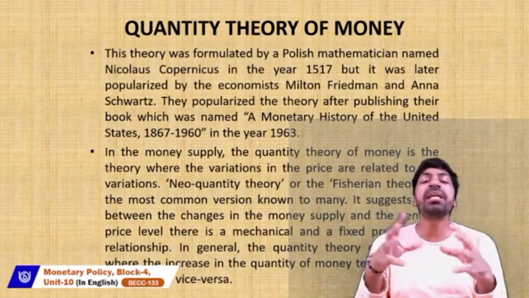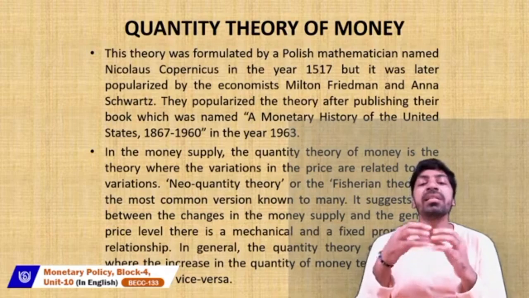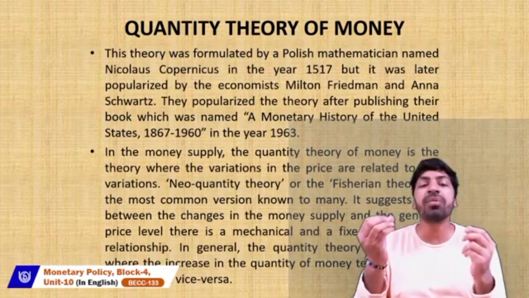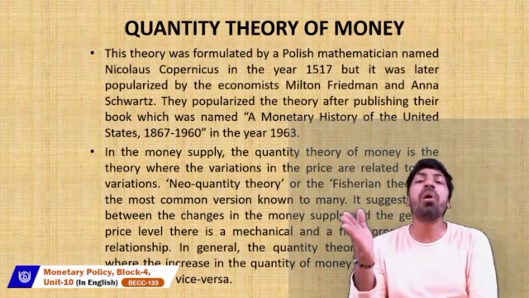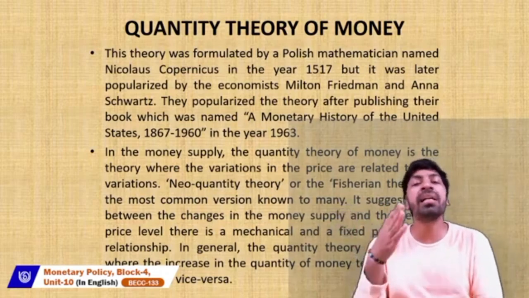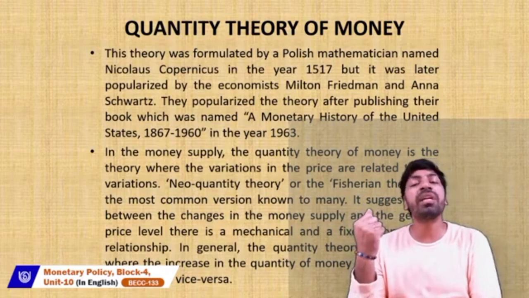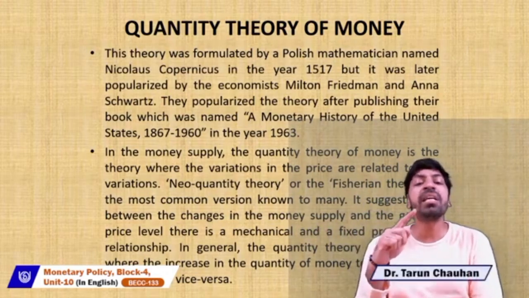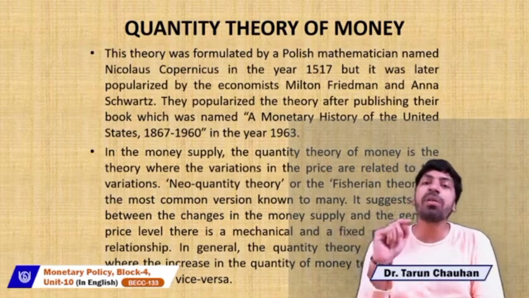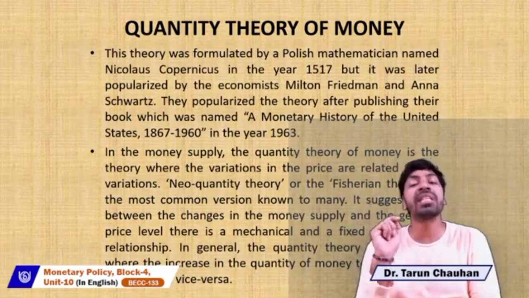In a general sense, I could also say that the quantity theory of money is that particular theory which deals with the increase in the quantity of money, and ultimately it also creates a situation of inflation and vice versa. So if there is a decrease in the quantity of money, it could create a situation of recession.